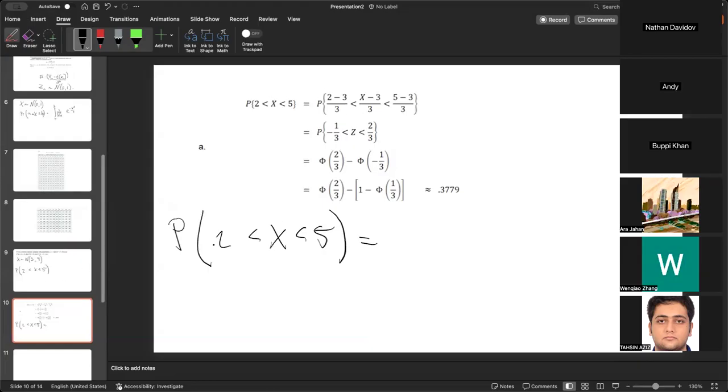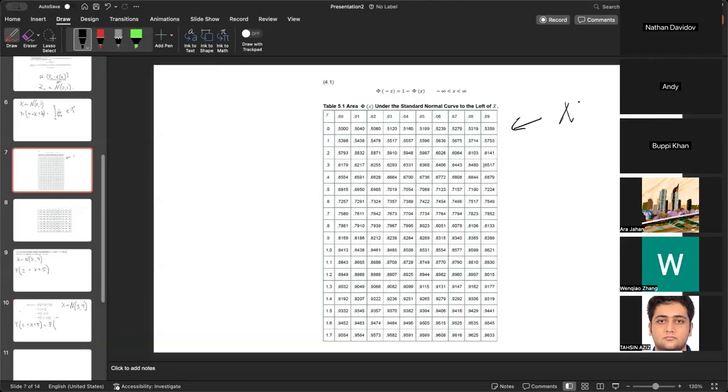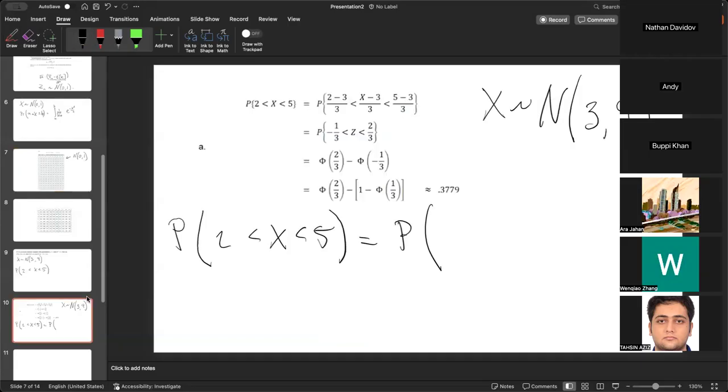So what does that mean? I know that X has a normal distribution with a mean of 3 and a variance of 9. So I'm going to turn this into a standard normal distribution, which corresponds to N of 0, 1. But this is not N of 0, 1. So what should I do?